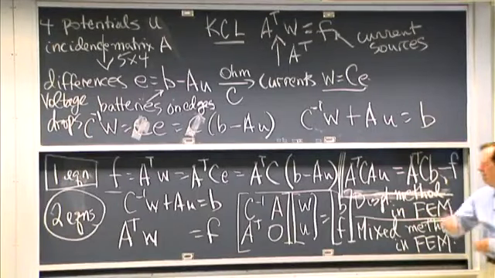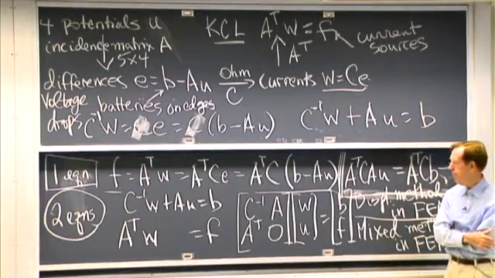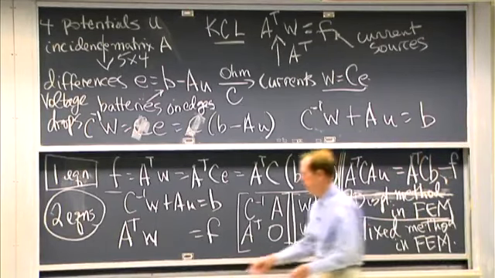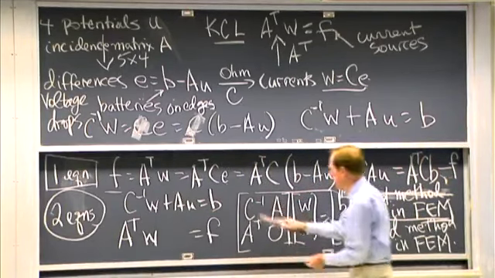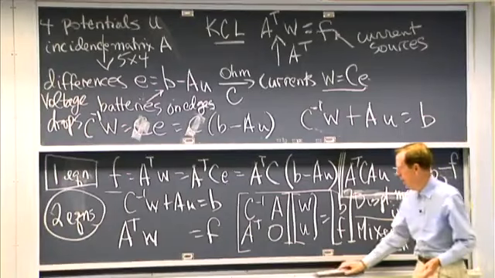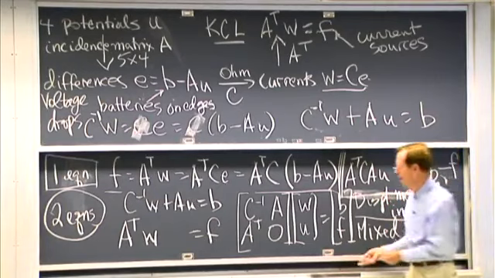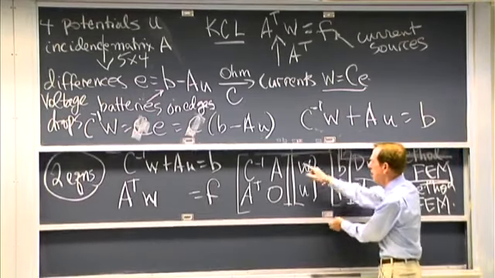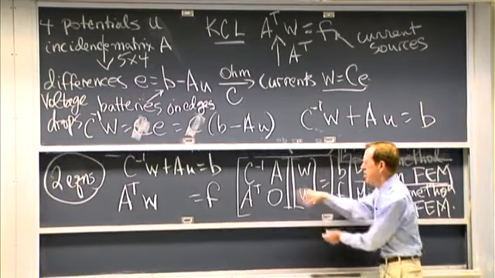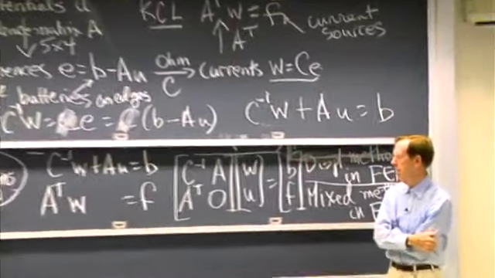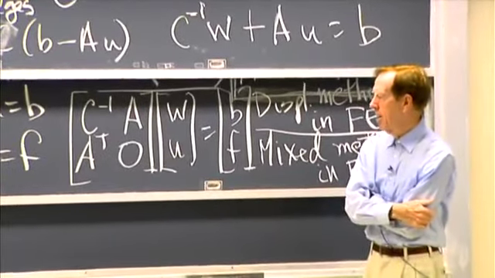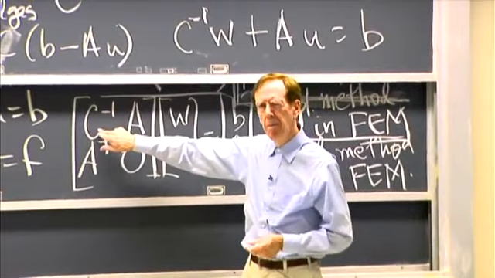If I wrote that matrix down, I want to ask you about that block matrix. What's its size? All right, now just focus entirely on that block matrix, because that's what I care about. What's the size of that matrix? Let's see, what's the size of C?